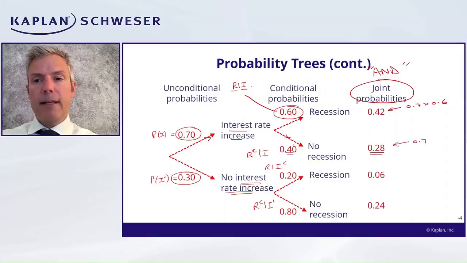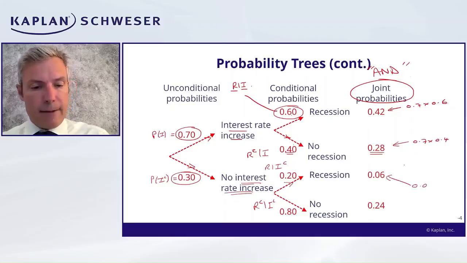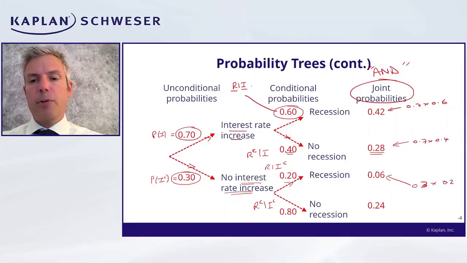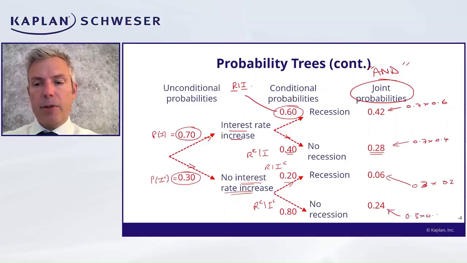Multiply them together and you'll get 0.28. Similarly, go down the 0.3 path and then up the 0.2 path. You get 0.3 multiplied by 0.2. That's 0.06. And this one here, 0.3 times 0.8 is 0.24.